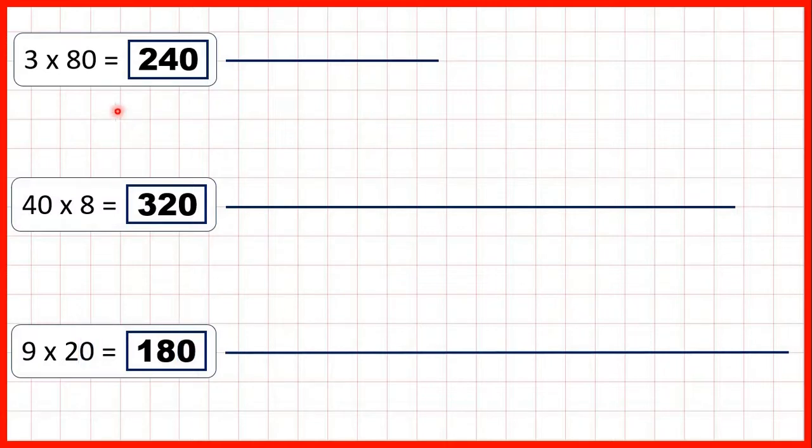Now on a number line, for 3 times 80, we can show 3 jumps of 80. So we have 80, 160, 240. So if we keep on adding 80 each time, we get 80. Then if we add another 80, we get 160.